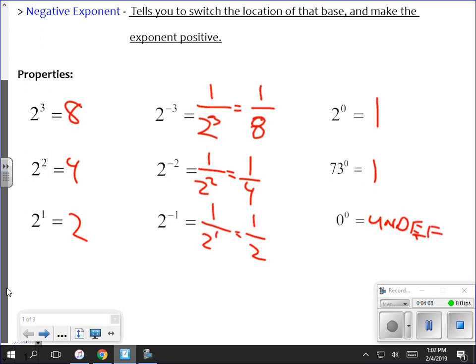It is undefined. You cannot take 0 to the 0 power. Okay, it's undefined. Anything else to the 0 power is 1.